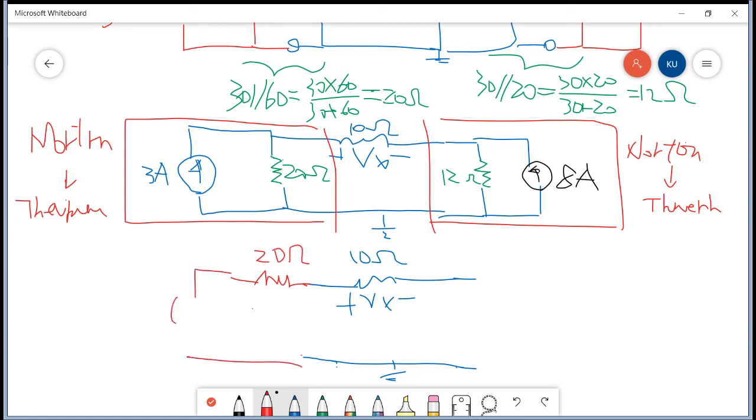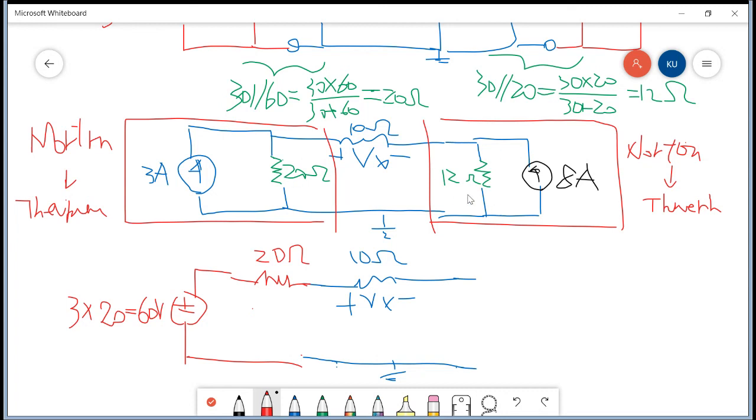And this current source is converted into a series voltage source. This is 3A, this is 20 ohm, so this is 3 times 20 equals 60 volt.